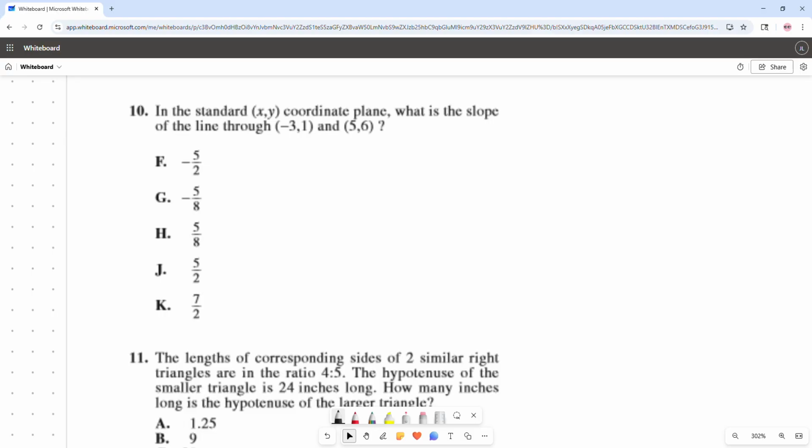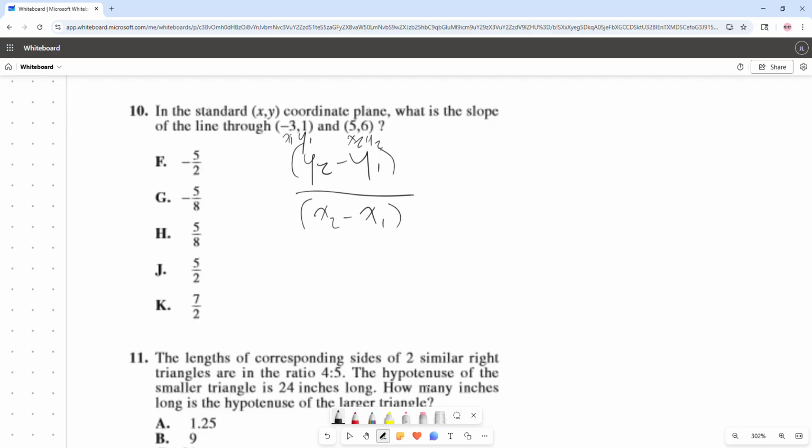Question 10. In the standard xy coordinate plane, what is the slope of the line through -3, 1, and 5, 6? So we use the slope formula, y2 minus y1 over x2 minus x1. So x1 is here, y1 is here, x2 is here, y2 is here.